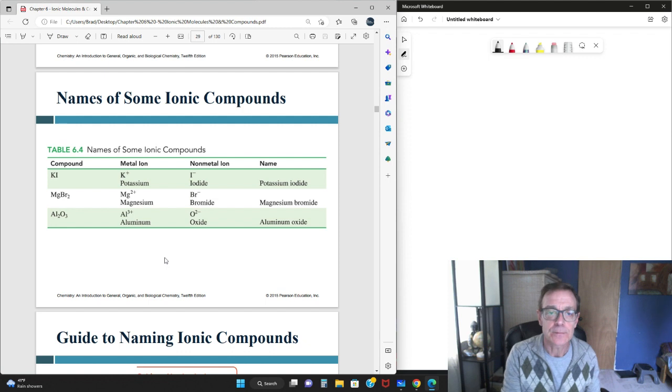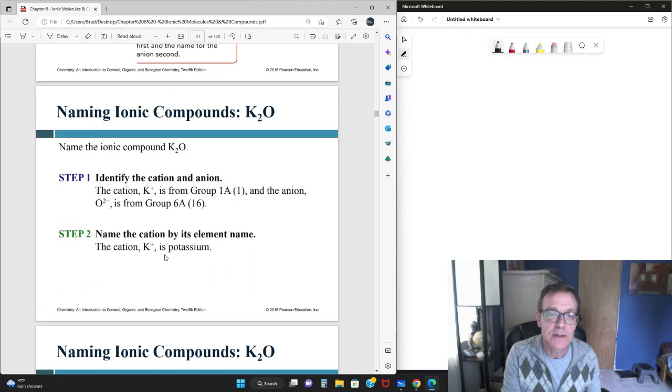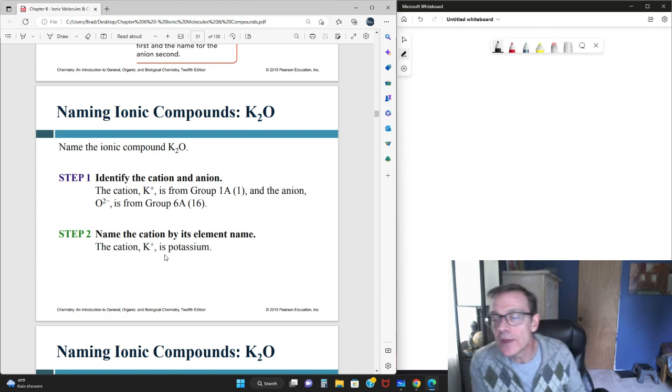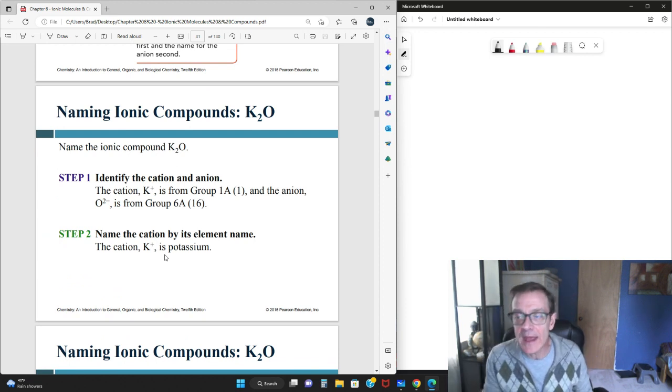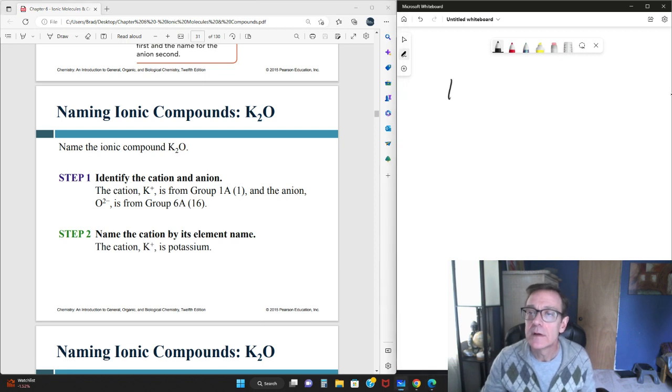Okay, and that's just saying that at the end of the non-metal. Okay, so let's do an instance. So we have, okay, metal potassium, non-metal oxygen.